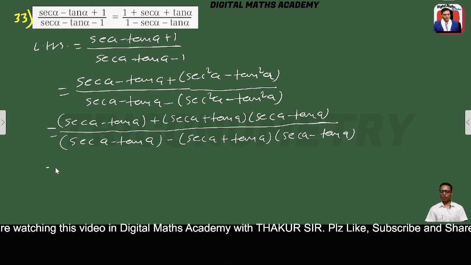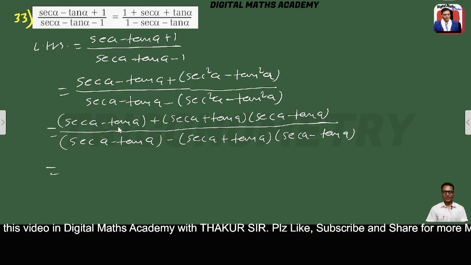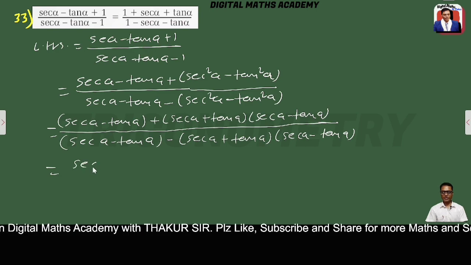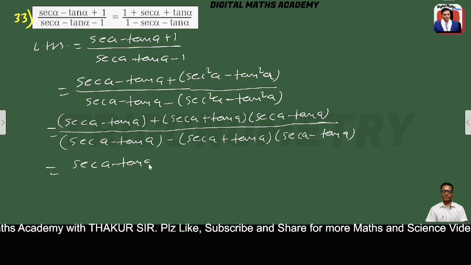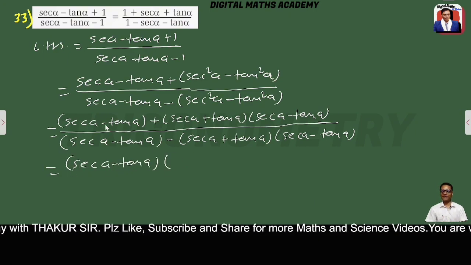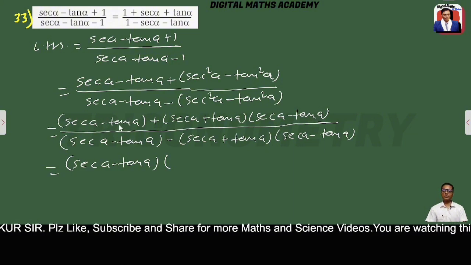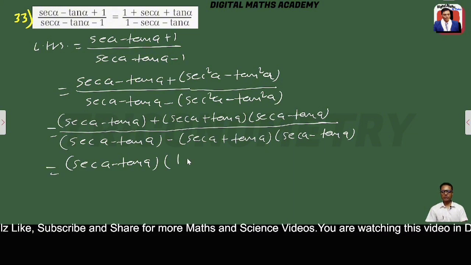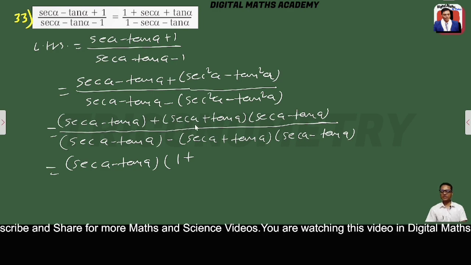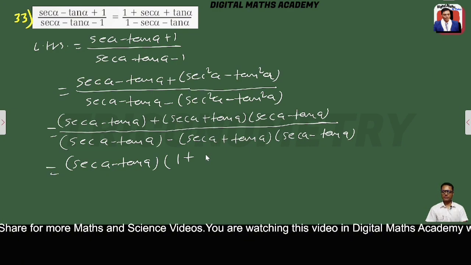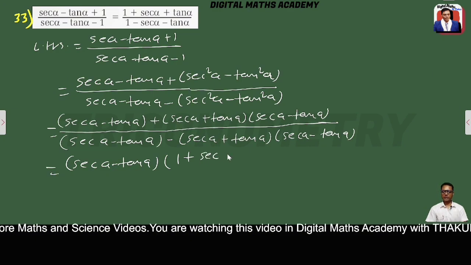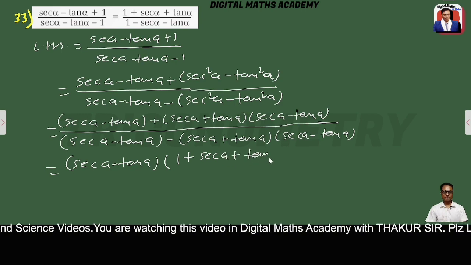Now we are going to take common. At the numerator common is sec alpha minus tan alpha, so we write the common here sec alpha minus tan alpha, right? So when you take common we have here 1, here at the place of sec alpha minus tan alpha we write here 1, and plus means no sign change, so we write here as 1 plus sec alpha plus tan alpha.